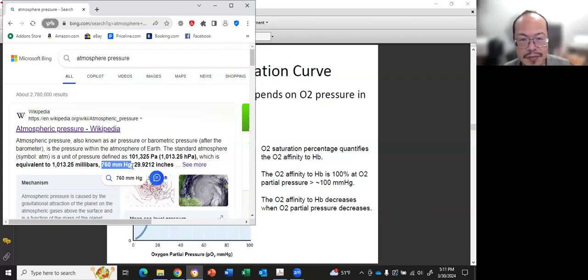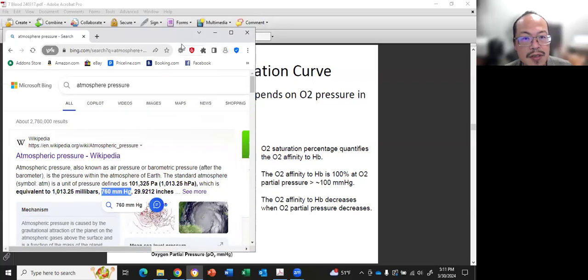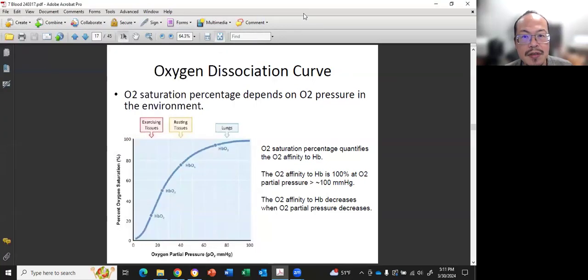Let me minimize this and get some annotation. So the atmosphere is 760 mmHg, that's in the air.